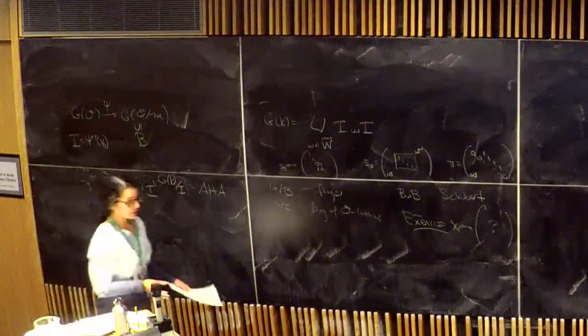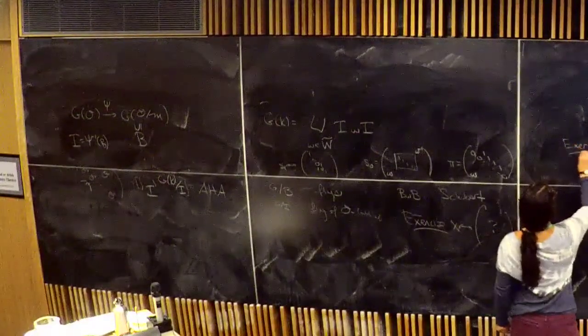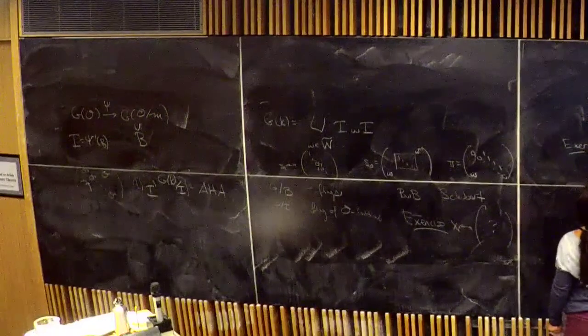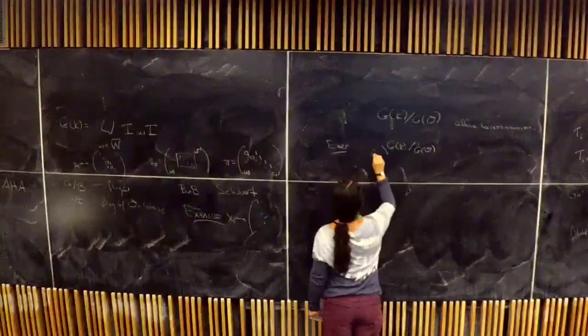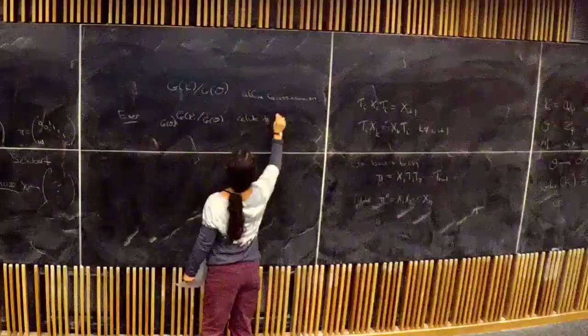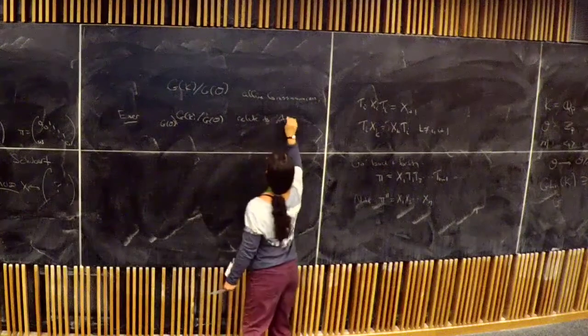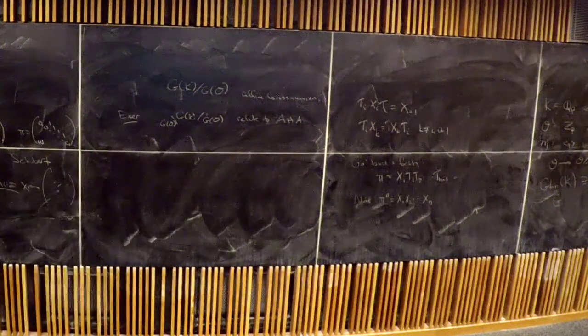Another exercise: if we took double cosets for G of O with respect to G of K, relate that to your affine Hecke algebra. What's the relationship there?